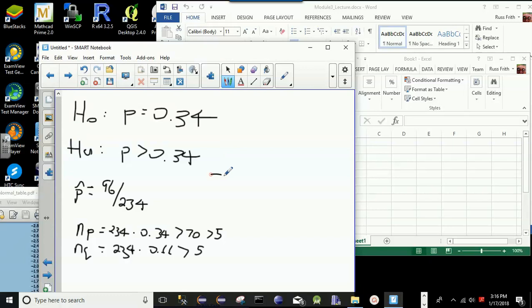The z statistic for a proportion is p hat minus p, divided by the square root of pq over n.